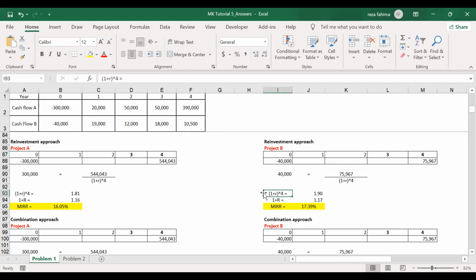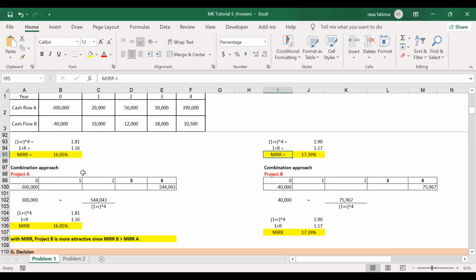Then we get 1 plus r to the power of 4 equals 1.9, and 1 plus r equals 1.17, so our r, or our MIRR, equals 17.39%.